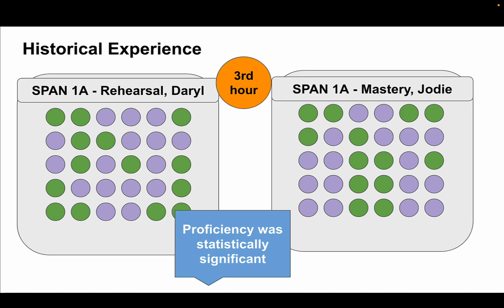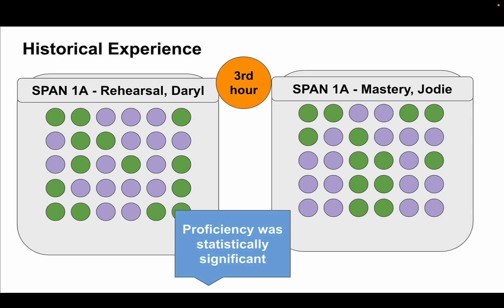So basically what we found is that our results were statistically significant. In contrast, the control group and the treatment group had statistically significant differences in outcomes based on proficiency between the rehearsal and mastery students.